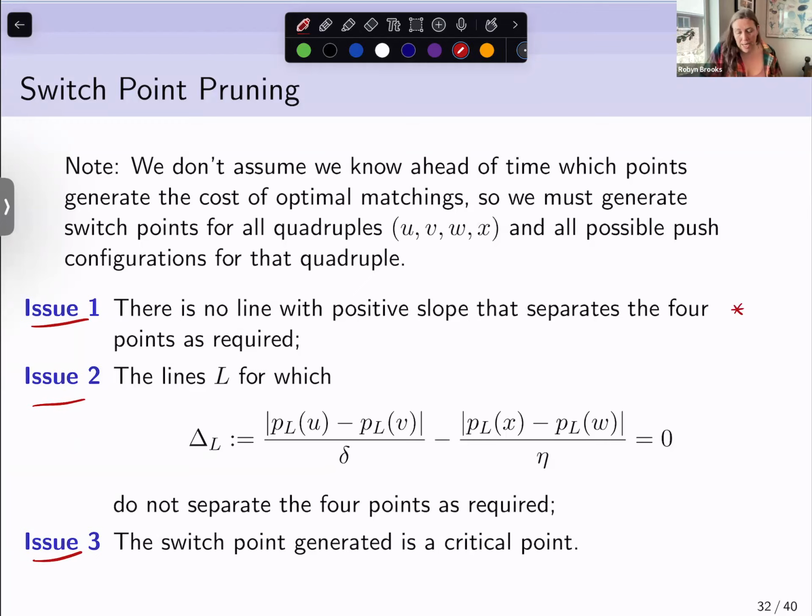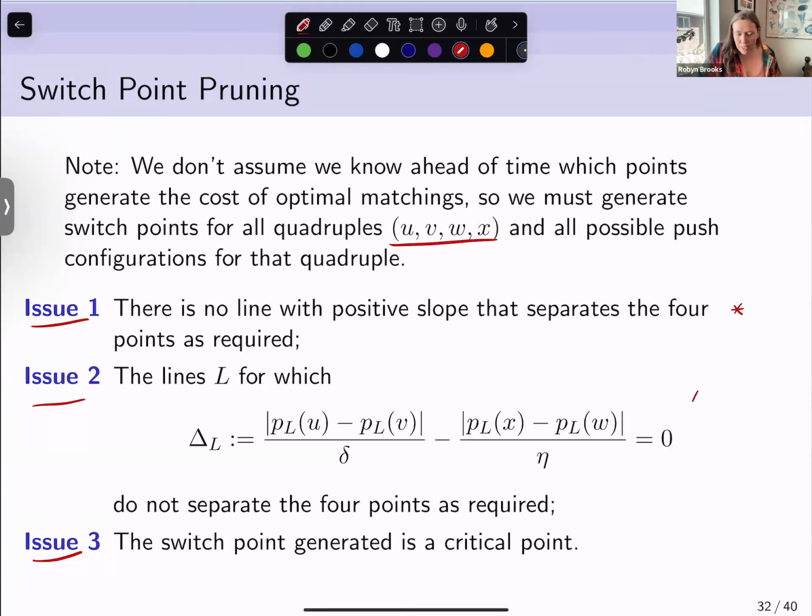The first issue is we don't want to generate a switch point for a quadruple where it's not even possible to separate those points with a line with positive slope anyway. If I don't have a line with positive slope that separates these points in that way, I don't want to generate a switch point for that configuration.